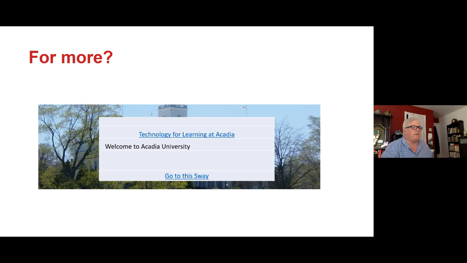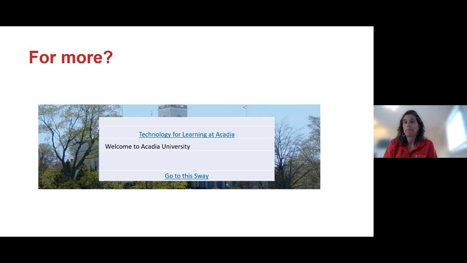Oh, can you briefly go over all the Microsoft stuff at the end? I am a little confused as to how we can access some of the stuff. So Microsoft, you can access everything that's available to you from office365.acadiau.ca. That will give you access to the portal with all of the applications.